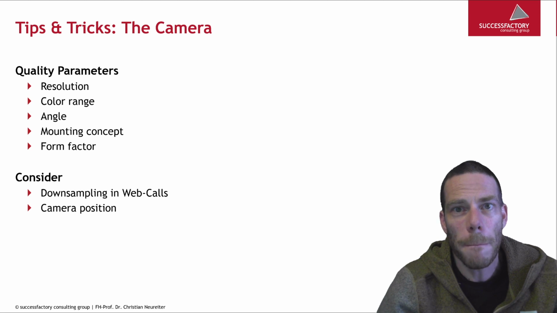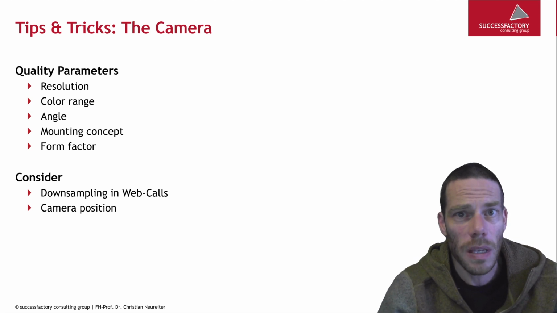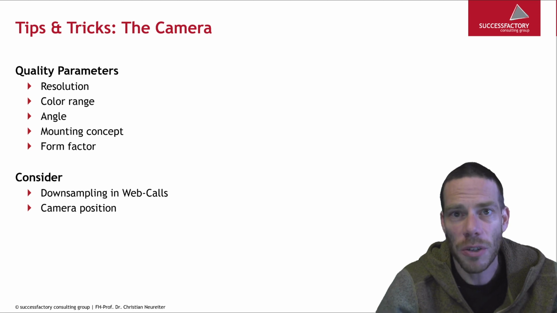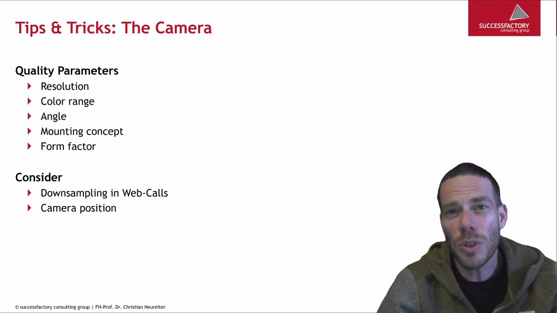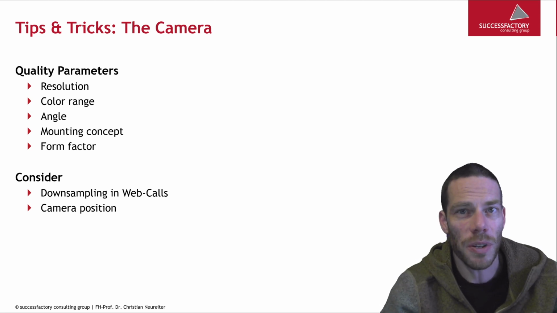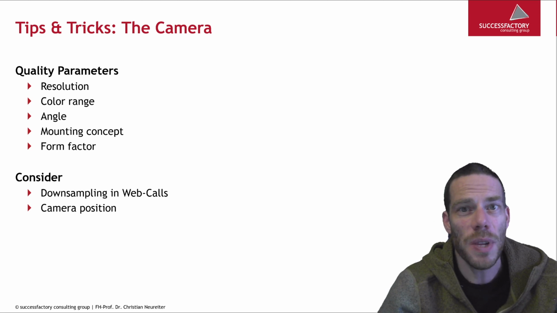From my perspective, when it comes to remote trainings and the final channel for transmitting the picture is something like MS Teams or Zoom, then I would say that resolution and color range are not that important. That's for a certain reason.